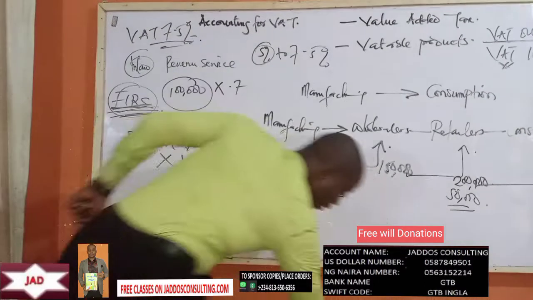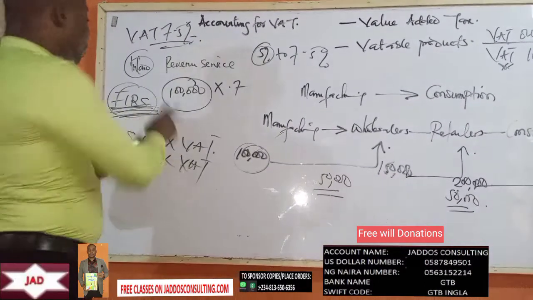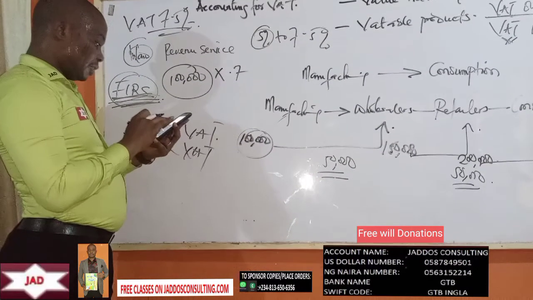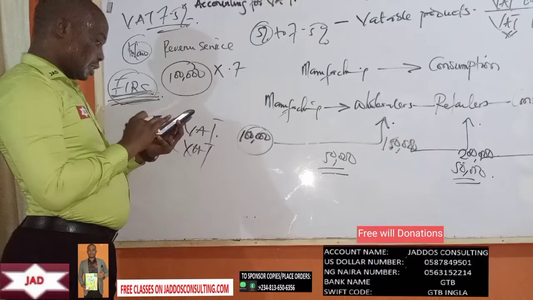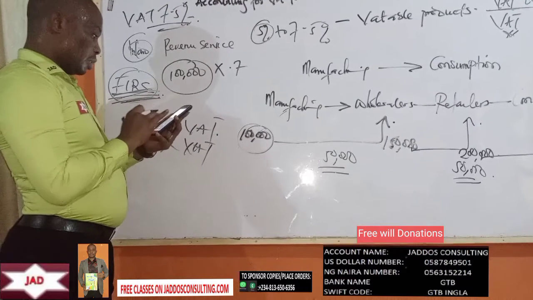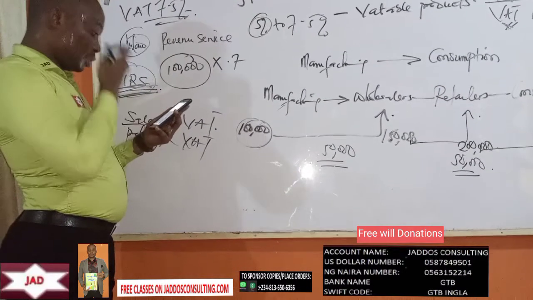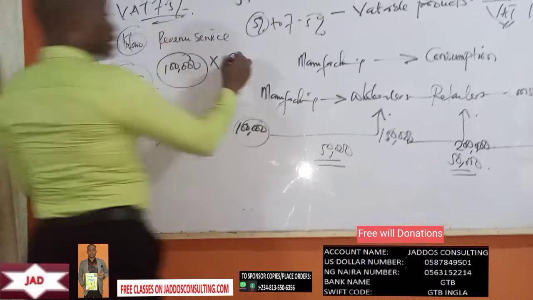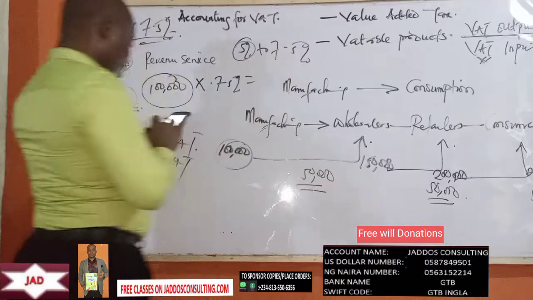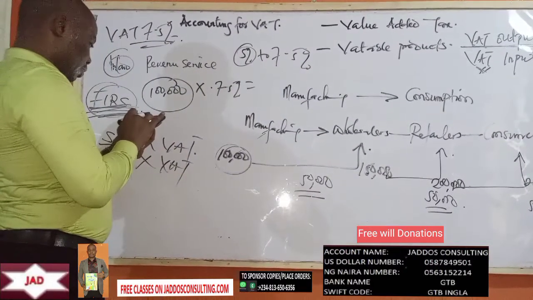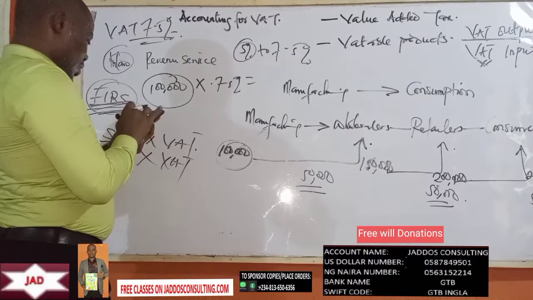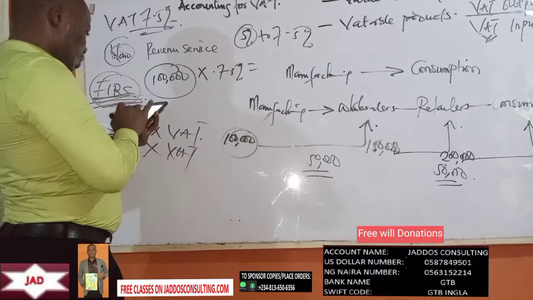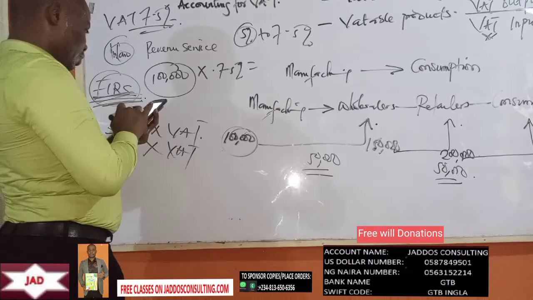It means that if you're paying for the purchases, you're going to be paying 7.5% of 100,000, that is 7,500, plus 100,000.